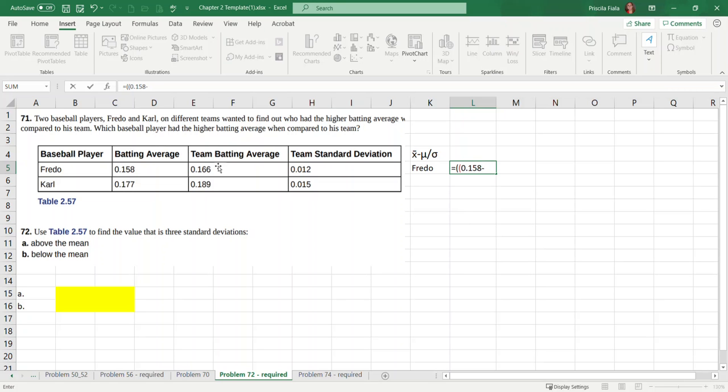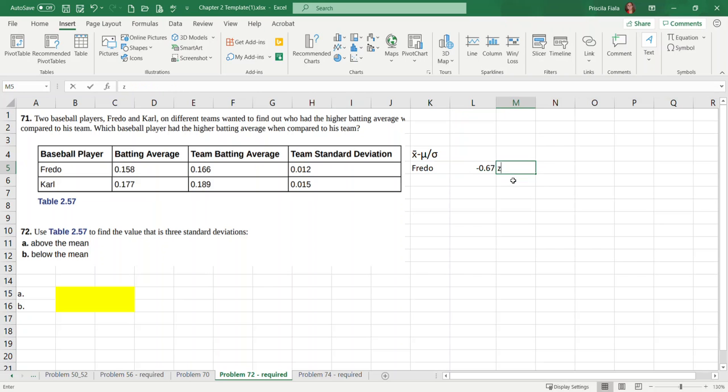I'm subtracting the population mean, in this case the team, 0.166, and then I'm dividing that by the standard deviation. And I close. Do you notice the parentheses black and then red? Well, this is one equation and this is another equation. Enter. It's a negative 0.67.